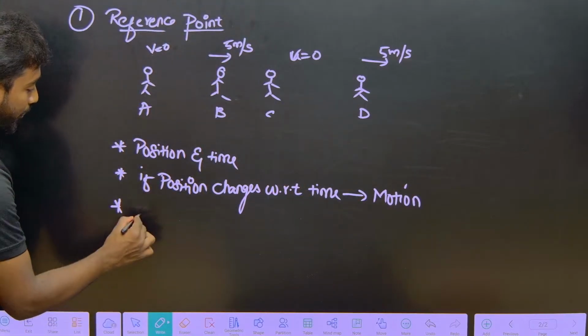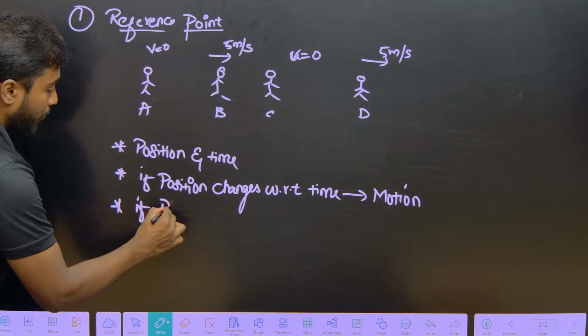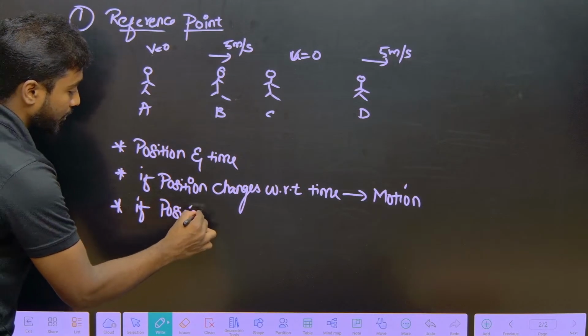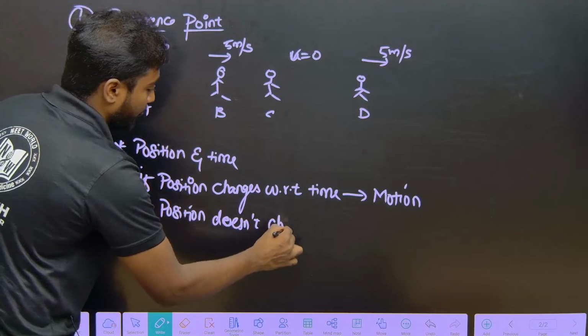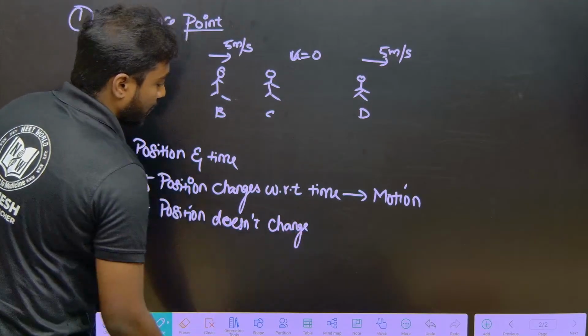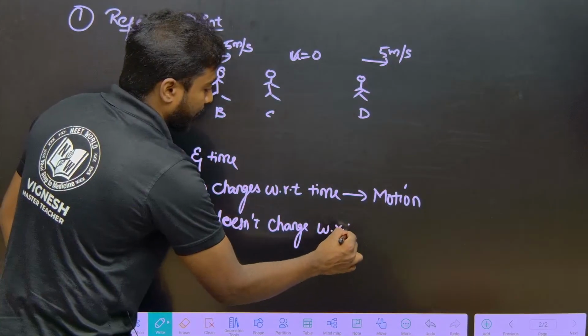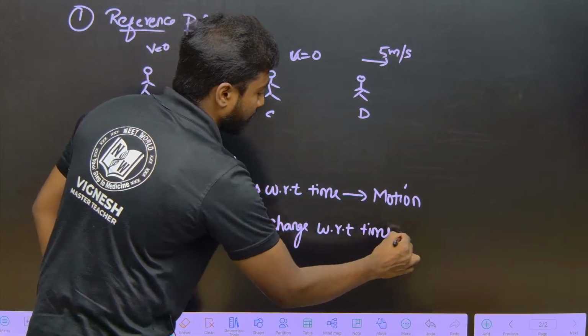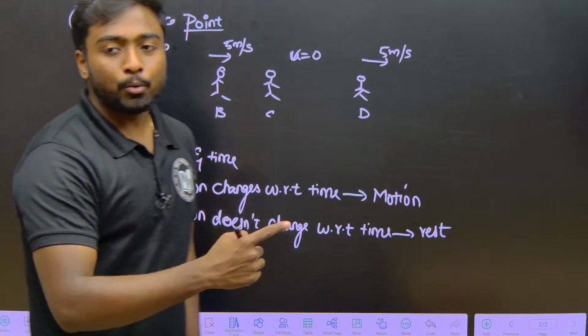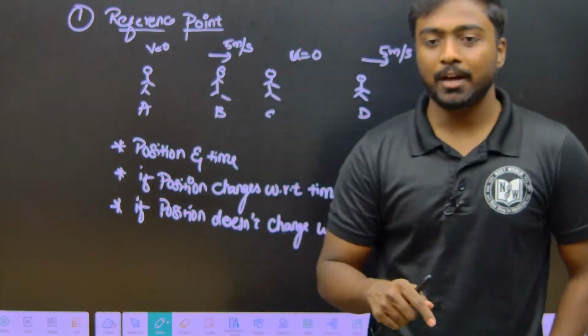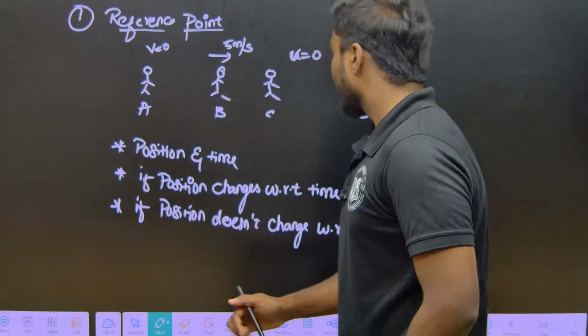The third point is if position doesn't change with respect to time, it is rest. So with respect to surroundings only we can say an object is at rest or in motion.